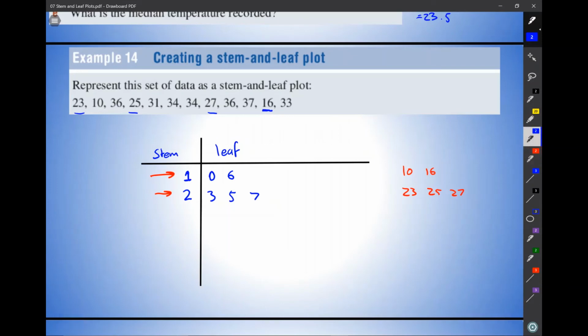So now we're up to the 30s. If we go back up and check through our data, we've got 1, 2, 3, 4, 5, 6, 7 different numbers in the 30s. So we're going to put a 3 in our stem, and then we're going to represent each of the numbers in the leaf. 31. Now we have a 33 over here.